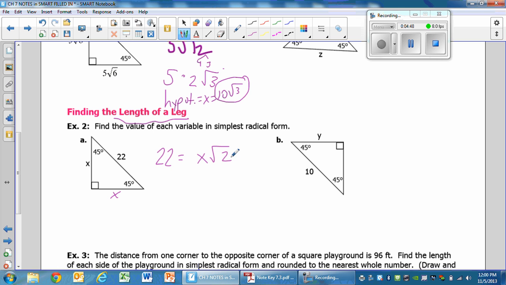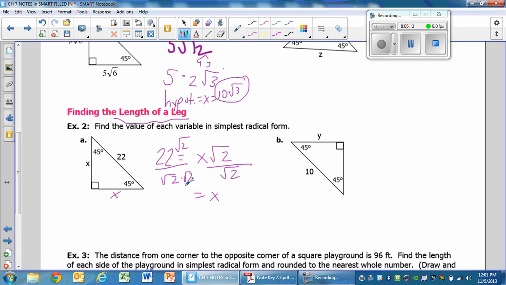So we kind of have to think backwards in radicals. I just want x by itself, so I can divide both sides by radical 2. Now I have x equals 22 over radical 2. Am I okay with that? Well, of course not, because I don't want a radical on the bottom, so let's multiply by radical 2 over radical 2.